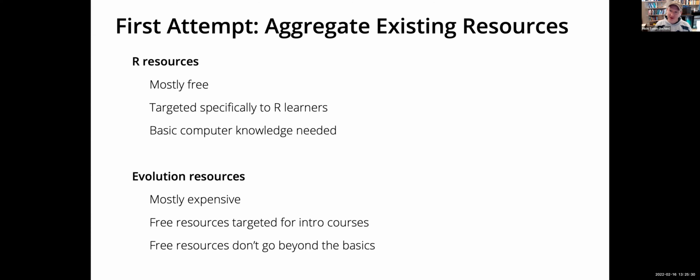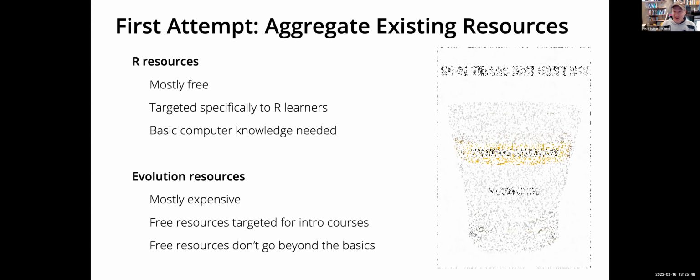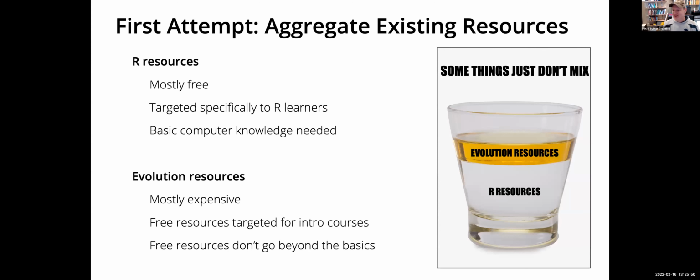And then on the other hand, for the evolution side, there's also quite a fair bit of information out there, but it tends to be really focused on introductory biology. So all the free resources that were available were really not at the level that I would expect for a specialized course in that field. So what I learned pretty quickly is that some things just don't mix.